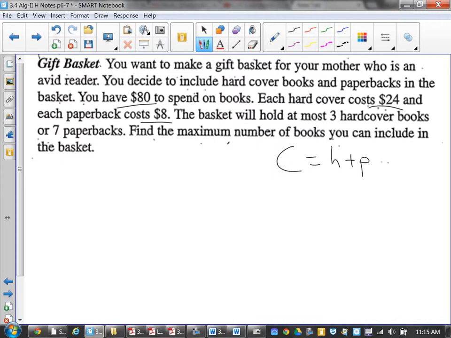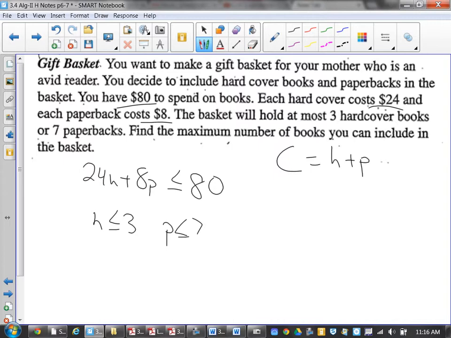So the constraint you have here is dealing with money: you only have up to 80 bucks to spend. The hardcover books are 24, and paperbacks are 8. The hardcover is no more than 3. The paperback is no more than 7.